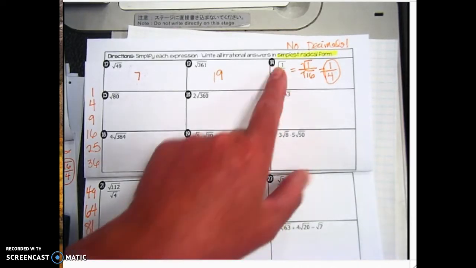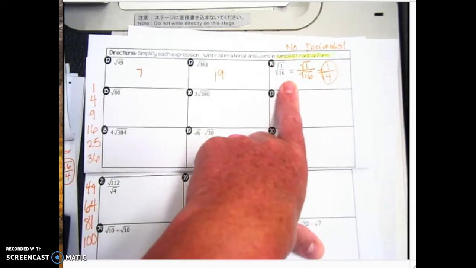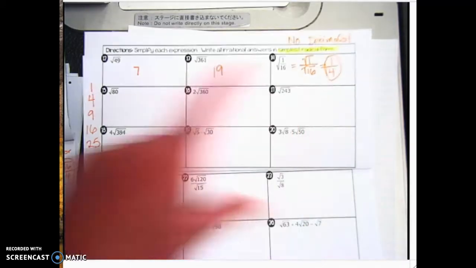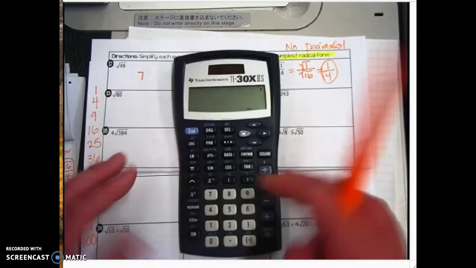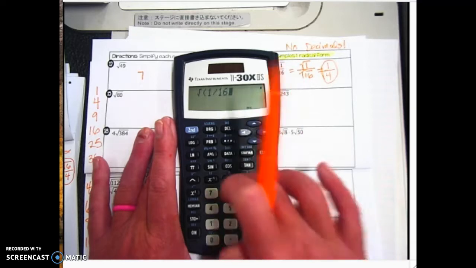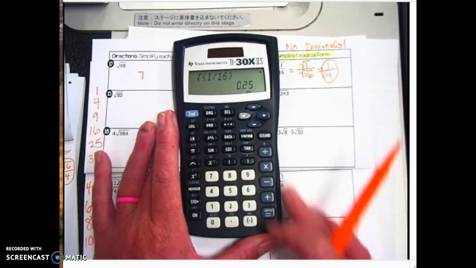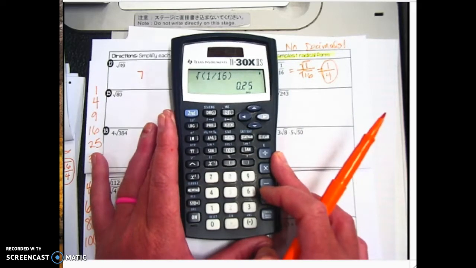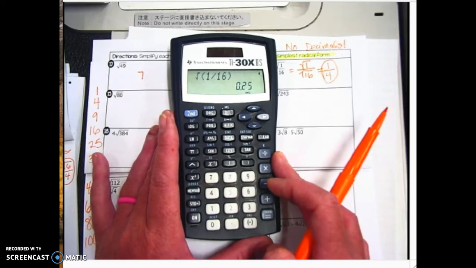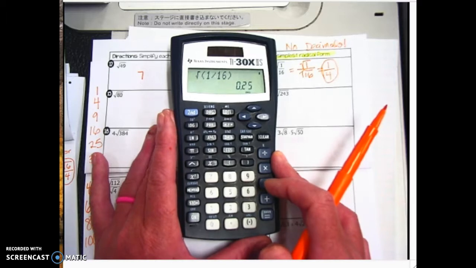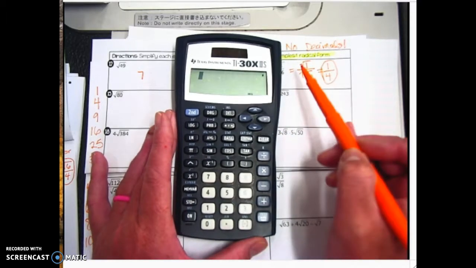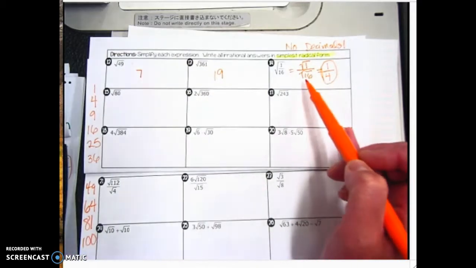You type in the square root of 1 over 16. What's your calculator going to display? Let's try it. If you go to the square root of 1 divided by 16, it gives you a decimal. 0.25. Now, a lot of you could recognize that that's a fraction, right? Most of you would know, oh, okay, that's 1/4. So try and see if you can separate it first.